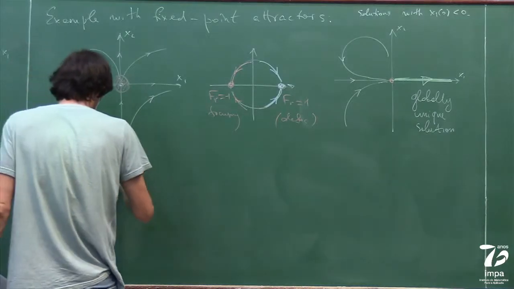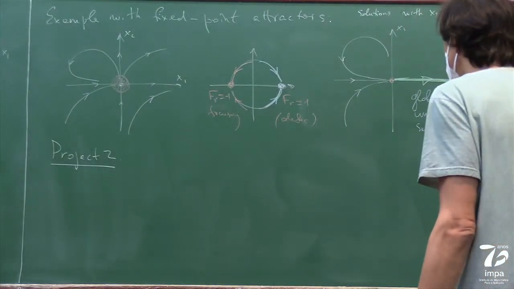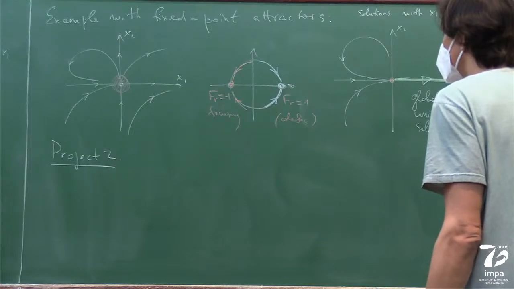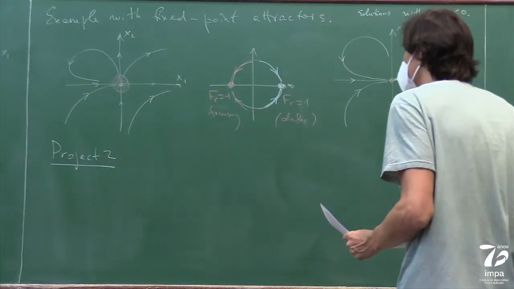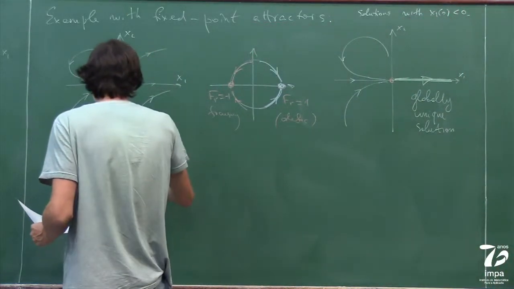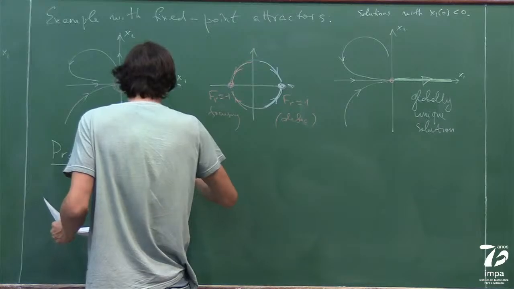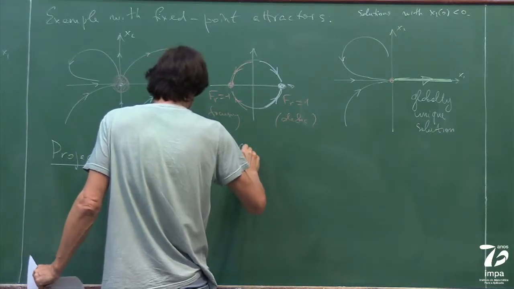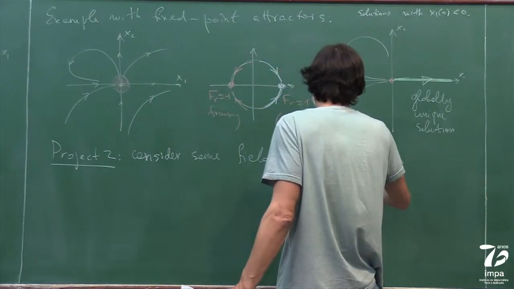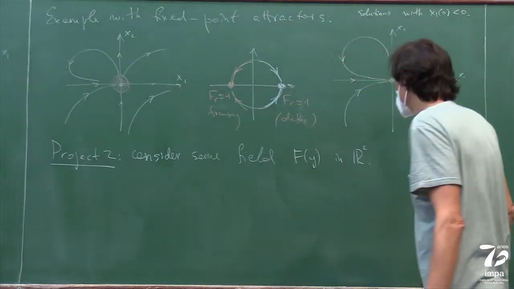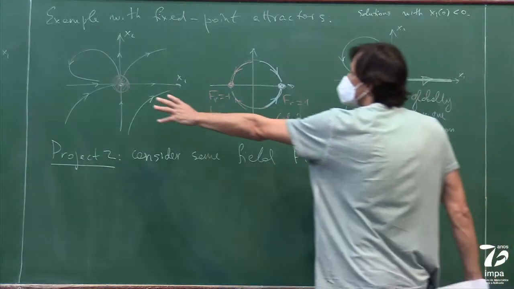So this is for those who want to have a grade in the course, A, B, C, D. I already gave a project 1, if you remember, about pre-blow-up for the shell model. So project 2 will be: consider some field in 2 dimensions, similar to what I did. I gave this field for our example with sine and cosine.